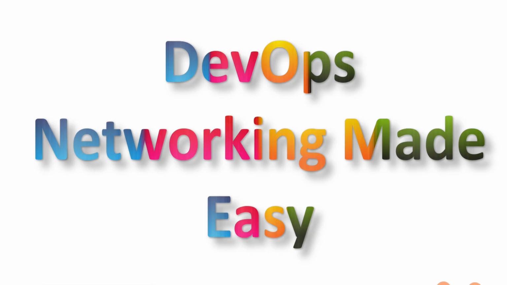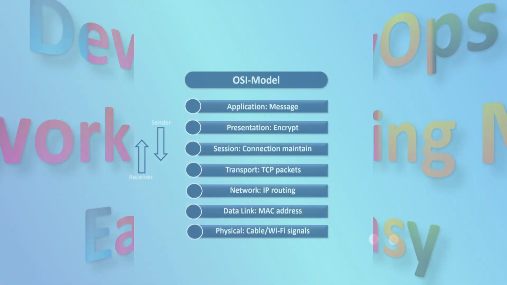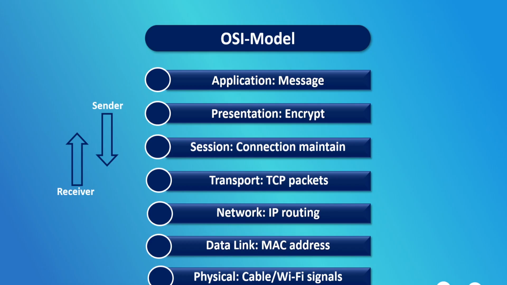So again I repeat, if you are a fresher, a beginner, or intermediate or advanced, this video is for you. So let's see networking. Here we have the OSI model. Hope you are all able to see my screen.